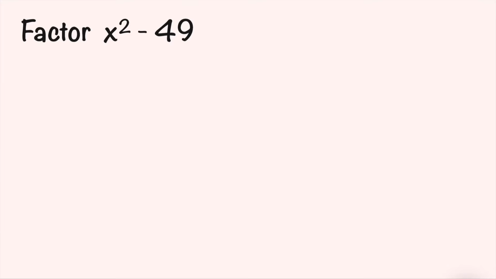The next special case that we're going to solve is called the difference of squares, because this special case only has two terms, but they are both squares of something. And because of the negative sign in the middle, they are called the difference of squares. I'm going to solve this by using our regular method, but first I need to rewrite this equation as x squared plus 0x minus 49.